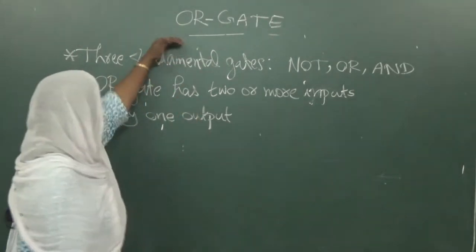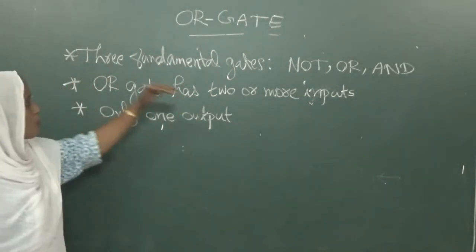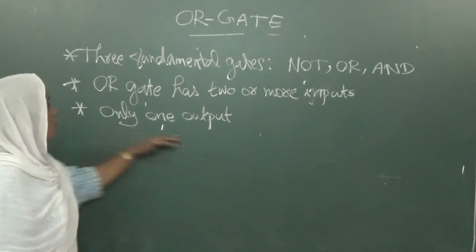Okay, so OR gate has two or more inputs and only one output.